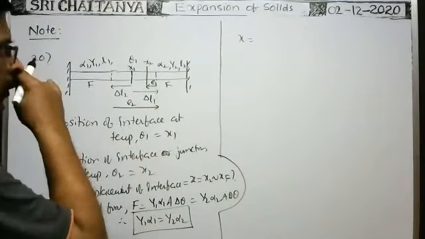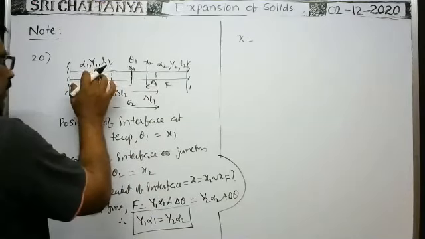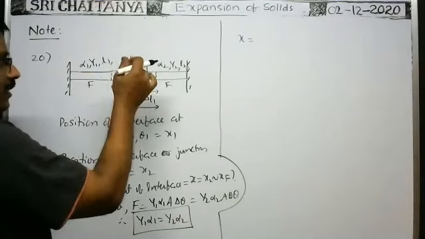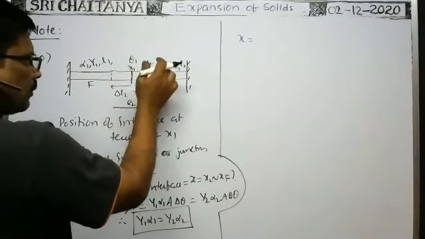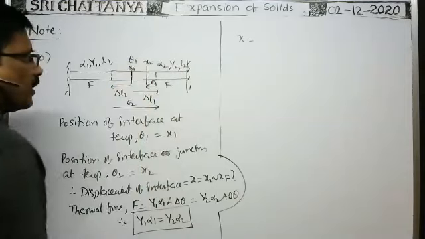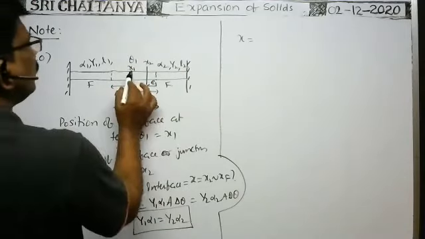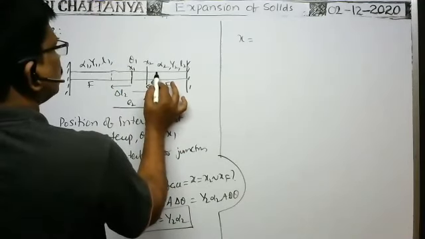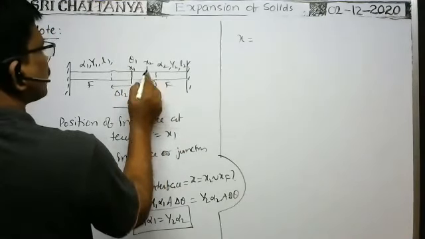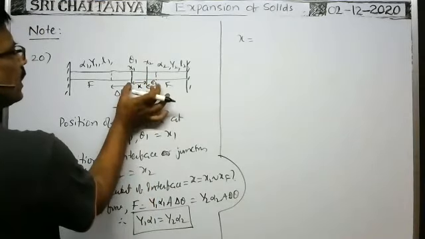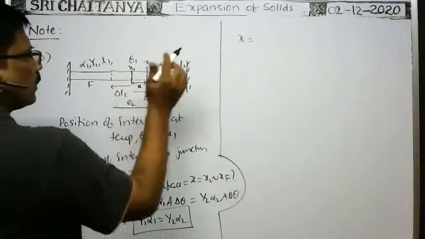So from the diagram, how we can write x in terms of expansion of the first rod? How we can write displacement of the interface in terms of expansion of the second rod? Tell me from the diagram. By linear relation, how we can write x? You see, this is delta L1, this is E1, then this is x. This is the displacement of the interface, that is x. So x can be written as delta L1 minus E1.